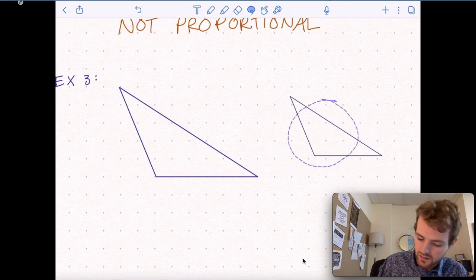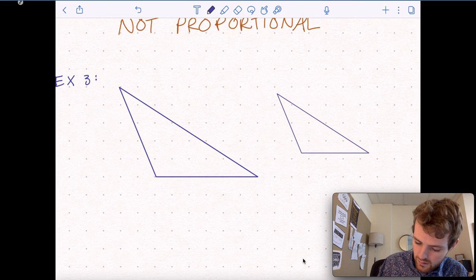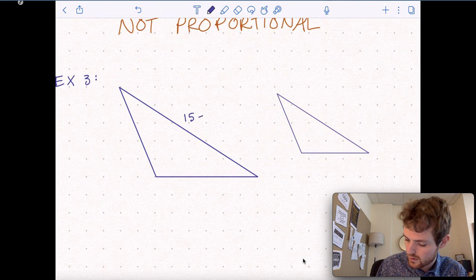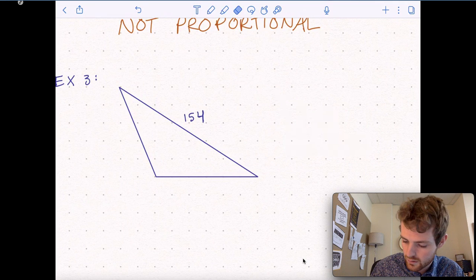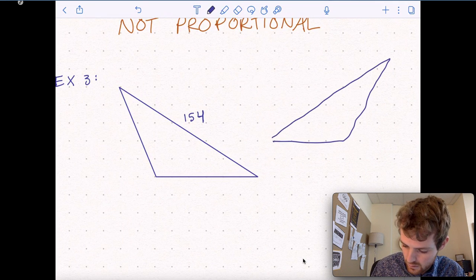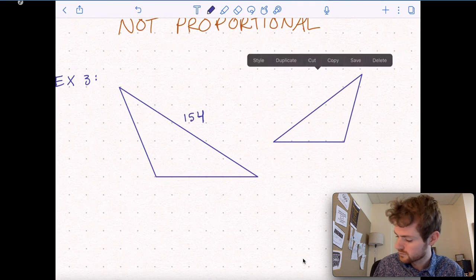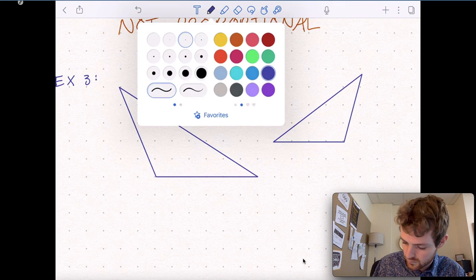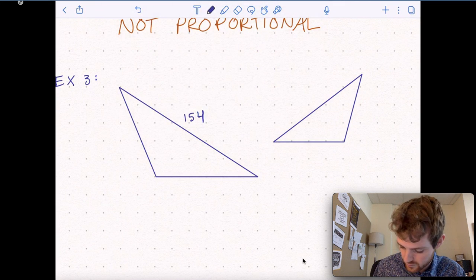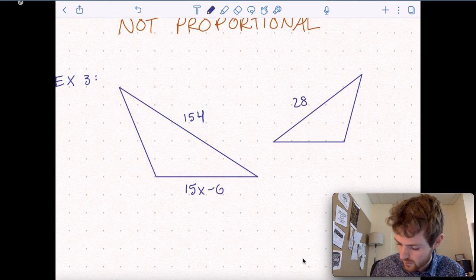So here, I do want to switch this example up just a bit. There we go.